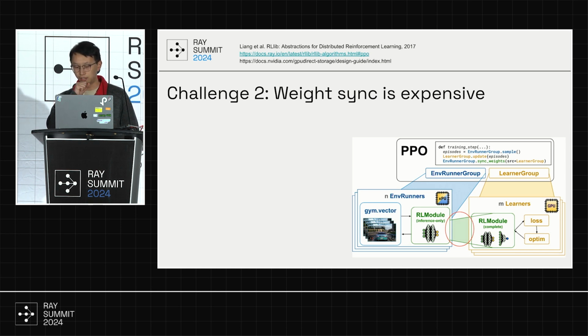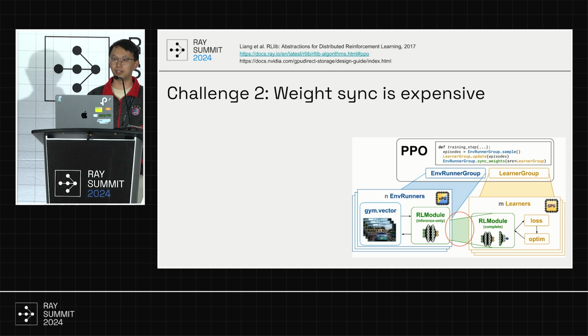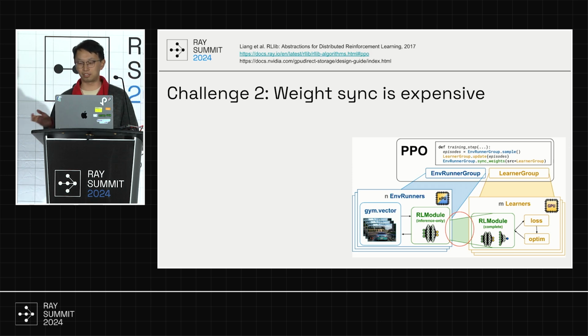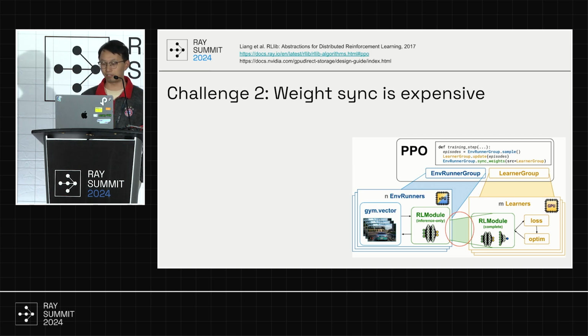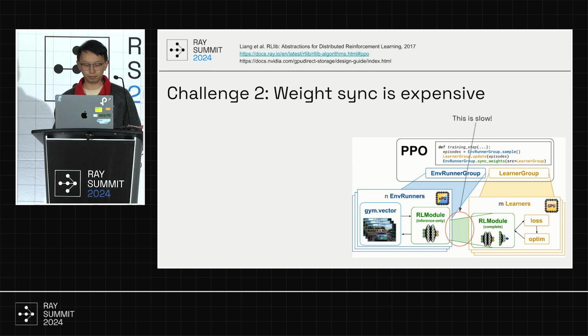The runners and learners are on different machines, and each time the runners fetch the latest weights from the learner. It's actually very natural when the weights are very small, right? Just send them through Ray RPC, and that's done. But this becomes intractable when the model becomes very, very large. It is very slow when the model is getting large.